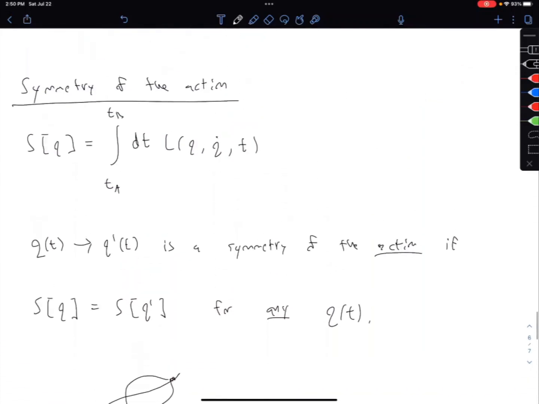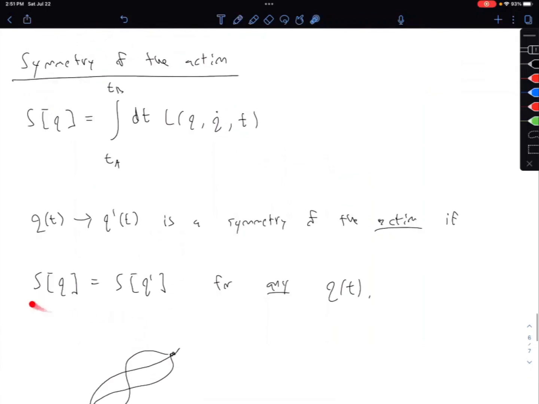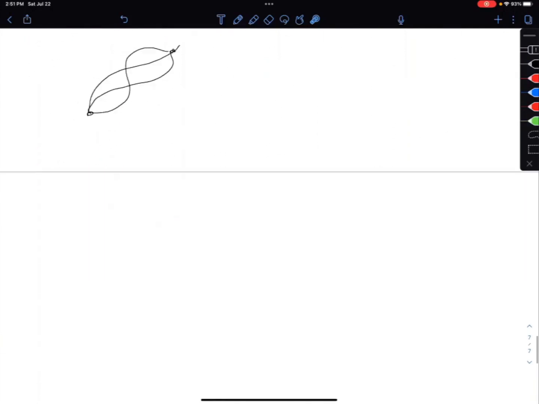So when I say I have a symmetry of the action, what I mean is that I have this for any q. Any trajectory, if I stick it into the action and then I deform it to get this new trajectory, I will obtain the same number after I run the action on that new trajectory. So that's what I mean by the symmetry of the action.